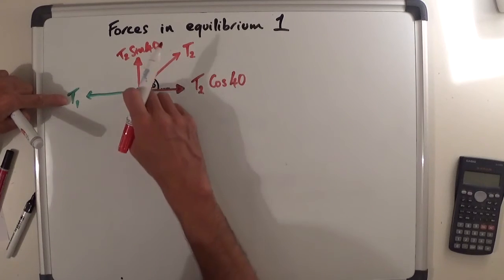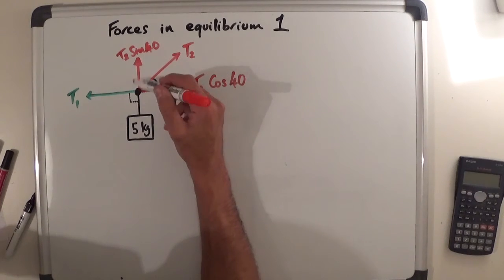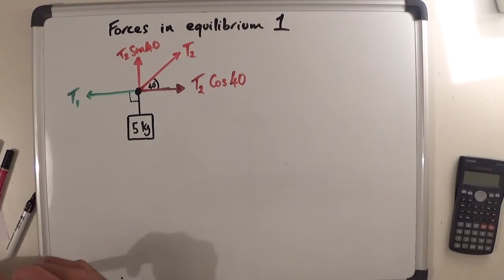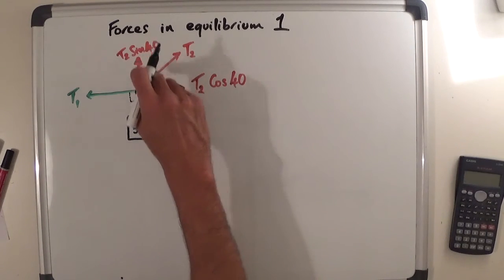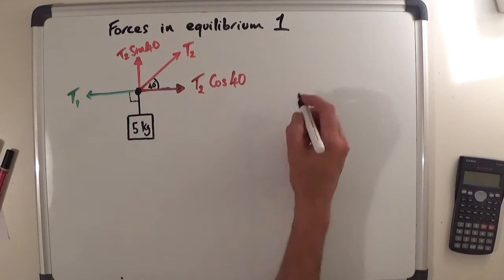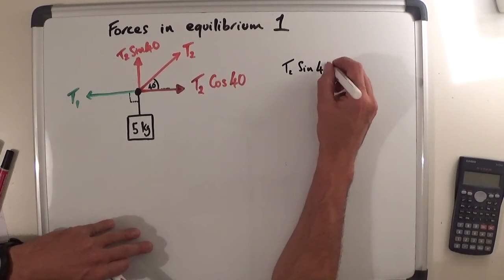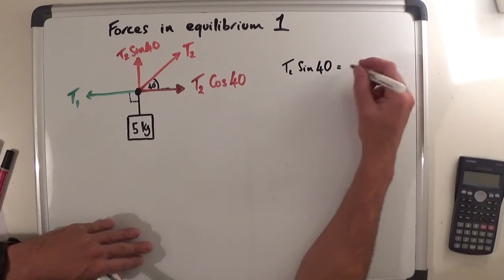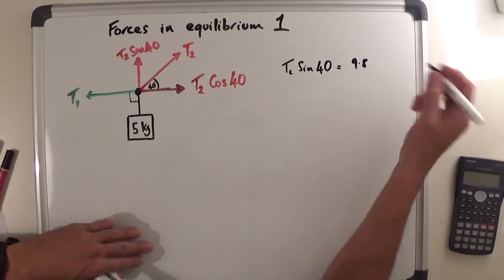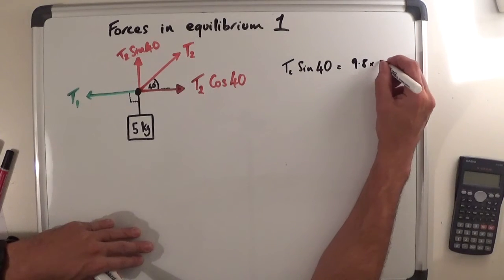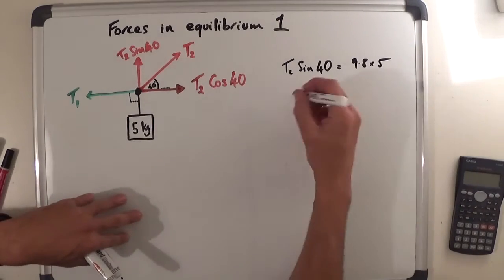Now, once we've done this, we can say there's no vertical component of T1. So if this situation is in equilibrium, i.e. the forces are balanced, then the upward forces must be balanced by the downward forces. So straight away we can set up a little equation to solve for T2. The only upward force is T2 sine 40, the only downward force is the weight of the mass. So T2 sine 40 is equal to gravity, let's just say 9.8, leaving it as 2 sig figs for now, times 5 kilograms. Once we've got that, we've only got one unknown, T2, and we can solve for it.